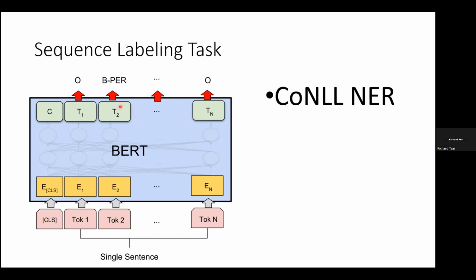For example, in the provided example, the first token tag is O, which signifies other, while the second token tag is B-PER, indicating the beginning of a person's name.